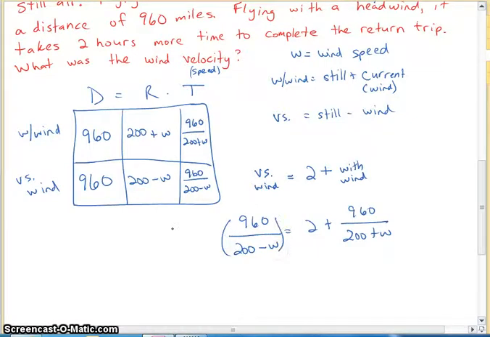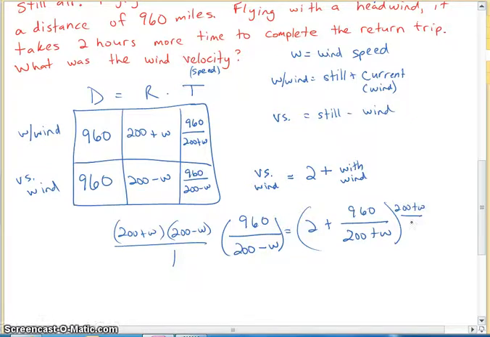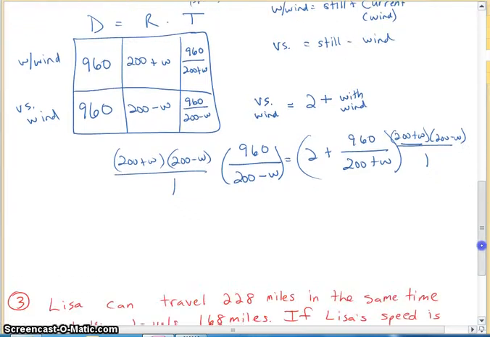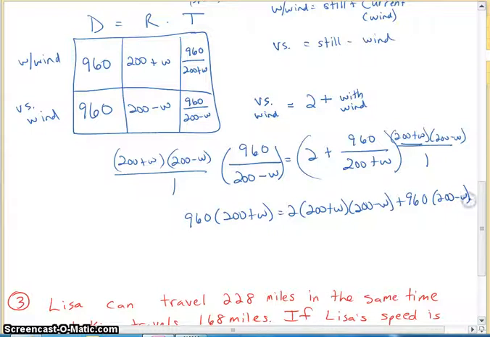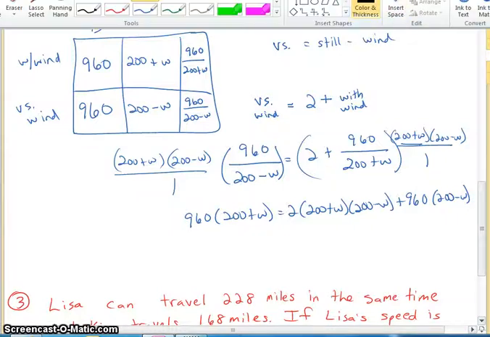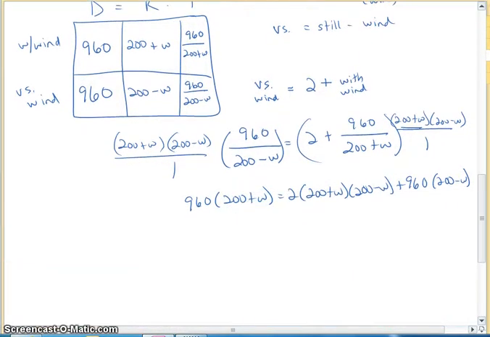I'm going to use the same technique of getting rid of the denominators by multiplying by the common denominator on both sides. Okay, so I'm going to distribute here, so I've got 960 times 200 plus W, 2 times 200 minus W times 200 plus W. Okay, distribute.